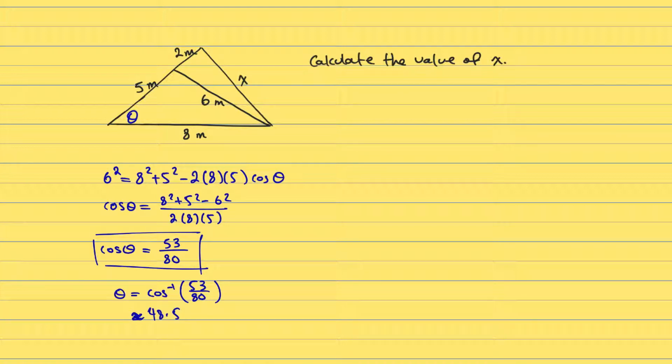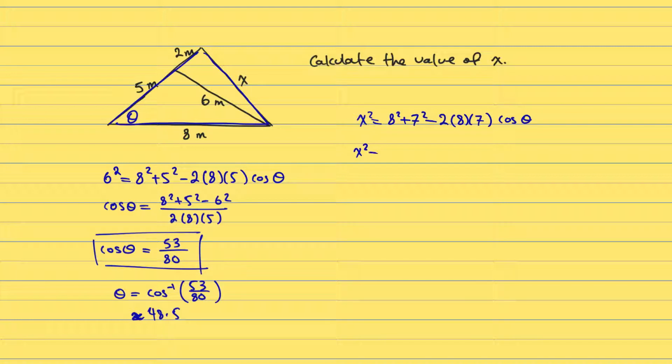Now I'm going to use the bigger triangle, which is this triangle here, and I'm going to use the same logic. Now I have x squared is equal to my side over here, which is 8 squared, my side over here, which is 7 squared, so 8 squared plus 7 squared minus 2 times 8 times 7, multiplied by the angle in between, which is cosine of theta.